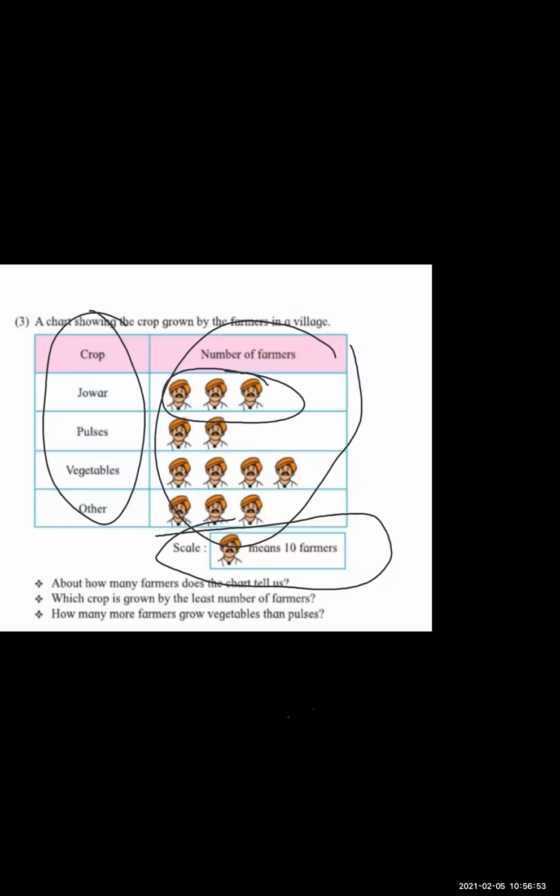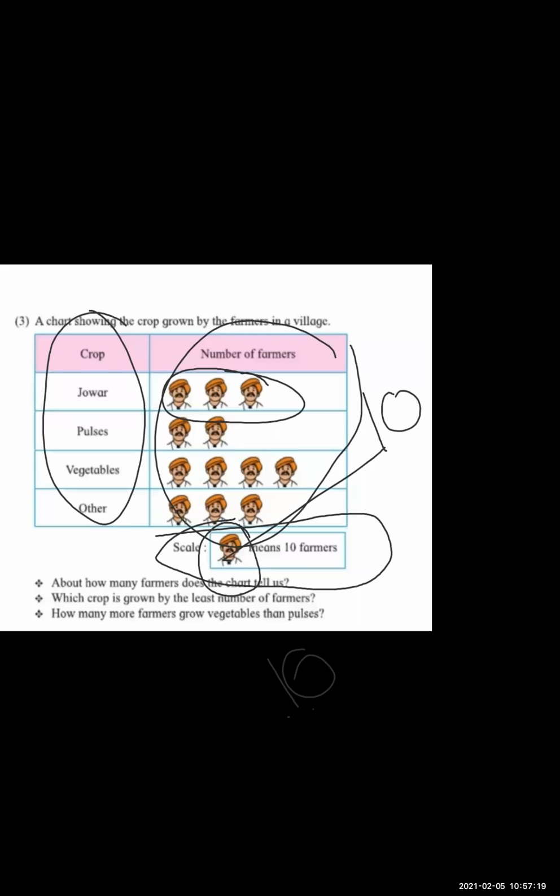Look here, one farmer means 10 farmers. Clear? One farmer, you want to assume that is 10 farmers. So in the Jawar column, how many farmers are there in total? Very good, very nice.